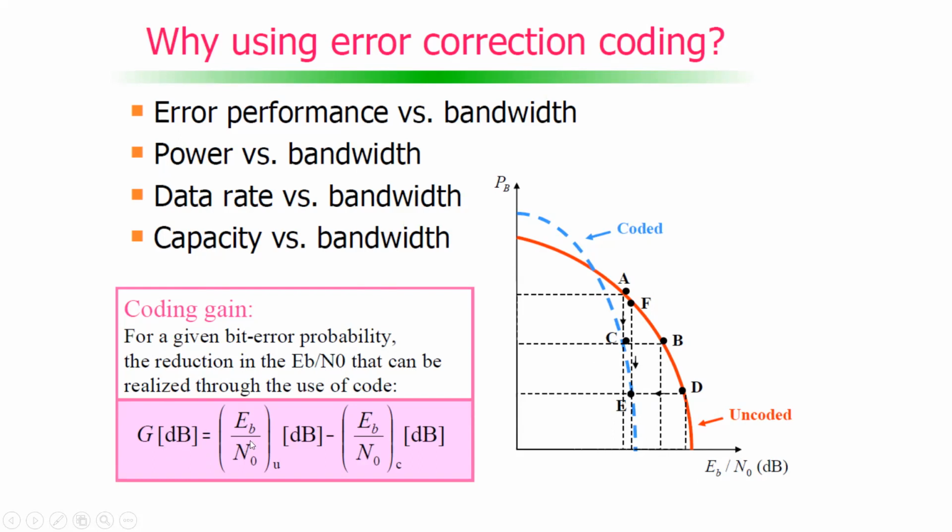This is Eb/N0. This point is given by the orange curve when the data is uncoded, and this point is given by the curve when the data is coded. The difference between the two signal to noise ratio requirements is termed the coding gain that you achieve when you code the input data to mitigate the effects of noise.